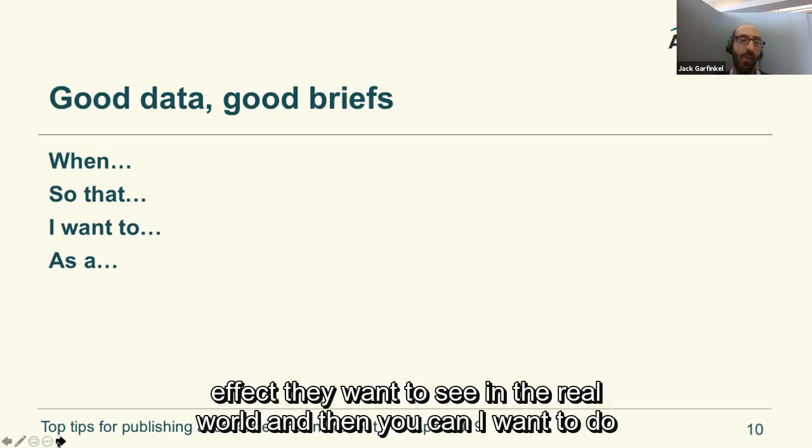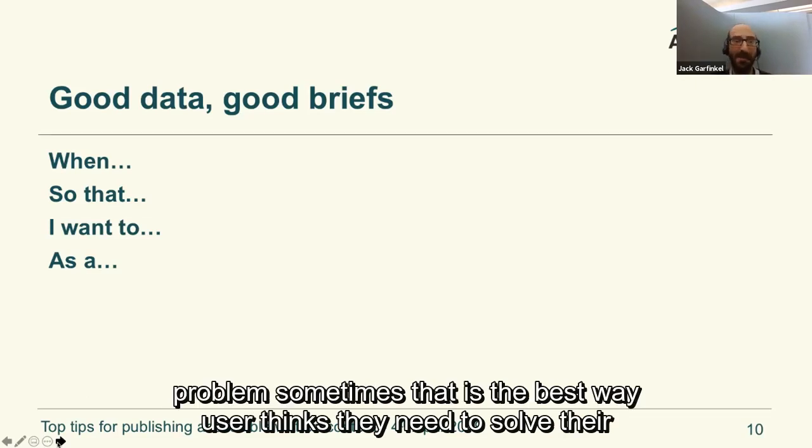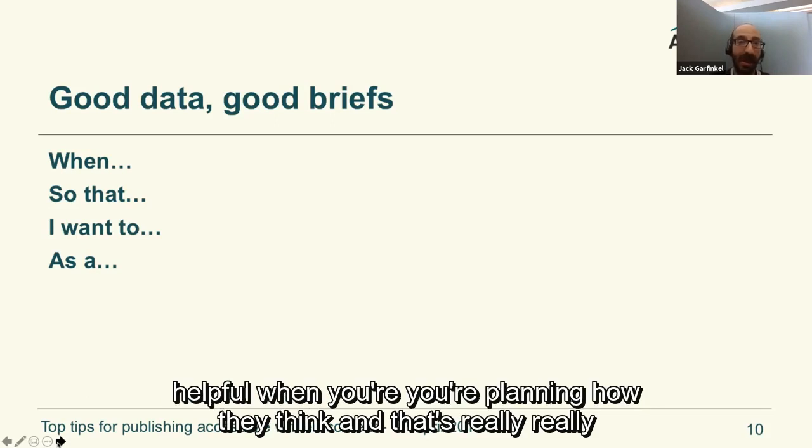And then you have an "I want to" statement, which tells you about how the user thinks they need to solve their problem. Sometimes that is the best way to do it, and sometimes it isn't, but it always tells you something about the way they think. And that's really, really helpful when you're planning how to structure something.